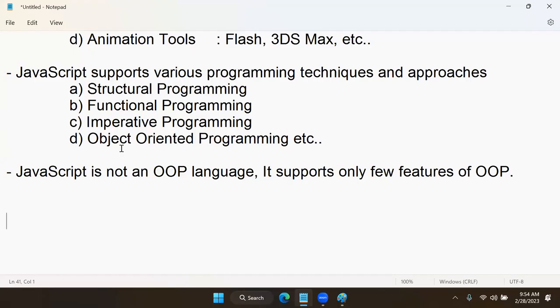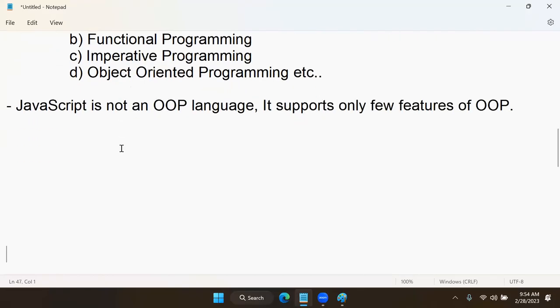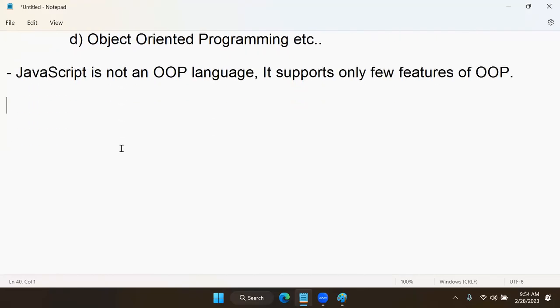Now, once you know what JavaScript is, we will see a small idea on the evolution of JavaScript. The evolution of JavaScript is nothing but how this JavaScript concept came.